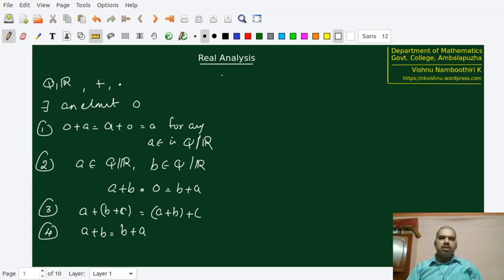In addition, Q and R satisfy all these axioms with addition replaced by multiplication.